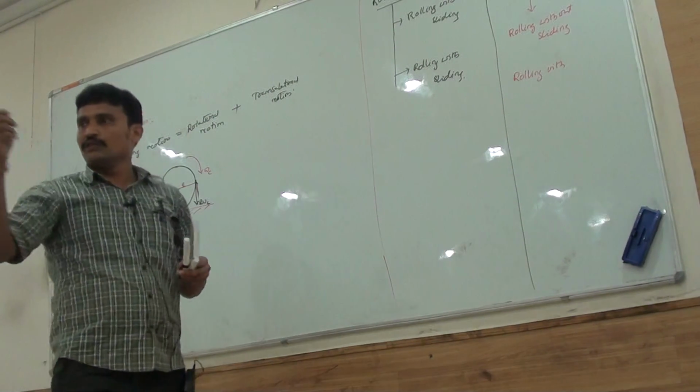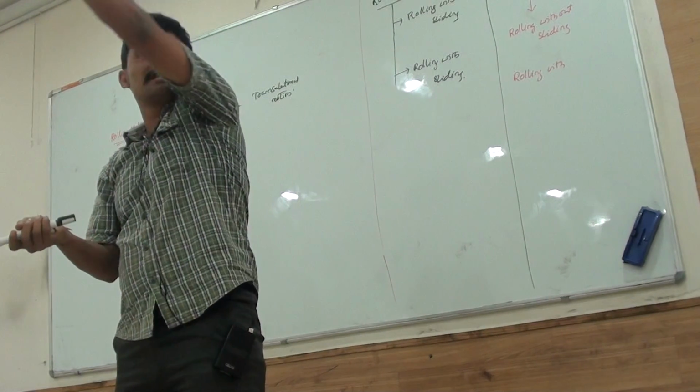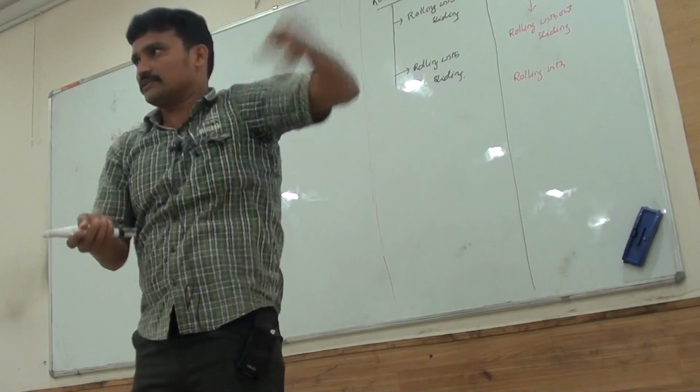A simple logic: we take a stone tied with a thread and rotate it like this. At any point, if we leave it, what's happening? The particle follows the tangential path.